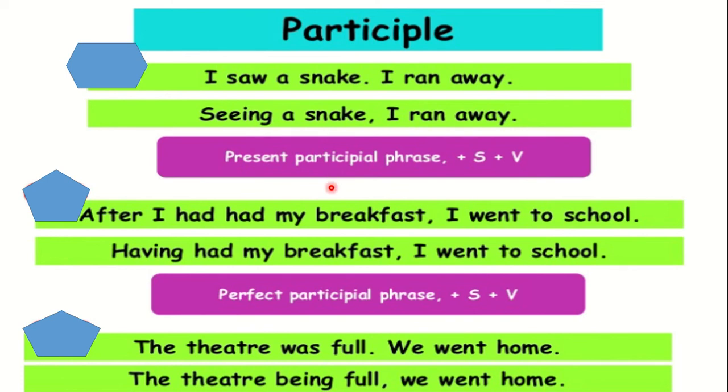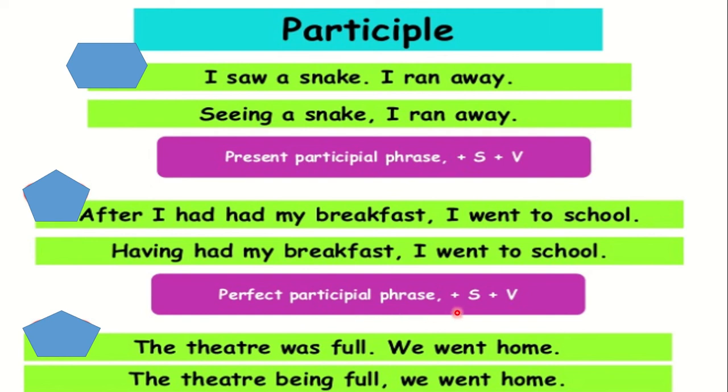Next, after I had had my breakfast, I went to school. So see the change in the same sentence. Having had my breakfast, I went to school. So having had my breakfast is a participle clause.